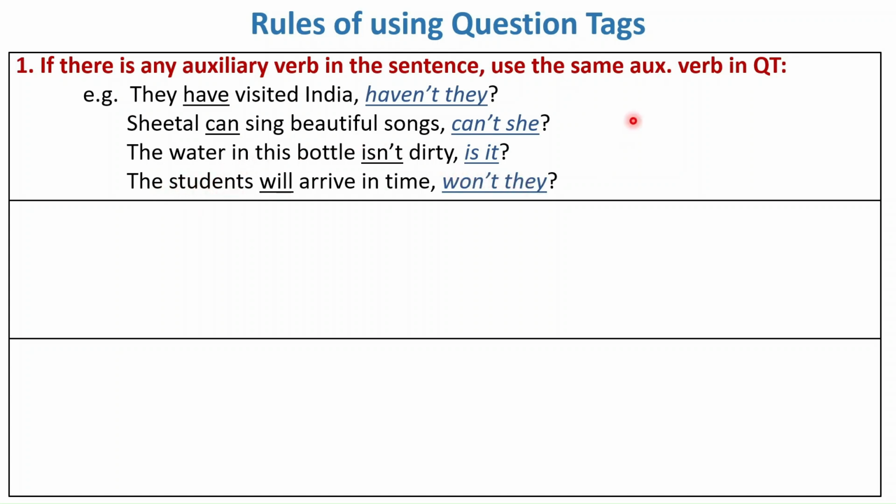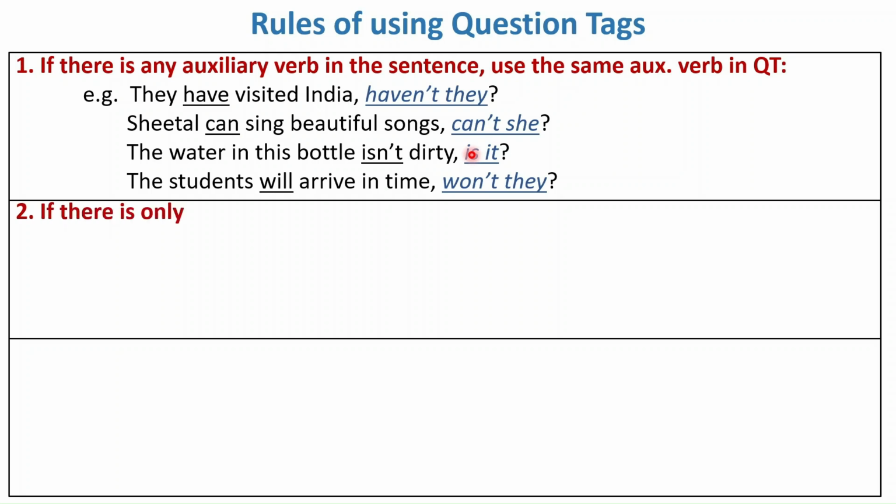There are 24 auxiliary verbs, be verbs, have verbs, do verbs, and modal auxiliaries: is, am, are, was, were, have, has, had, do, does, did, can, could, shall, should, will, would, may, might, must. These are the examples of some auxiliary verbs, and if there is any such auxiliary verb in the statement, we have to use the same auxiliary verb in question tag. This is our first rule.